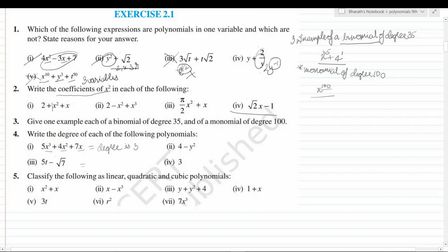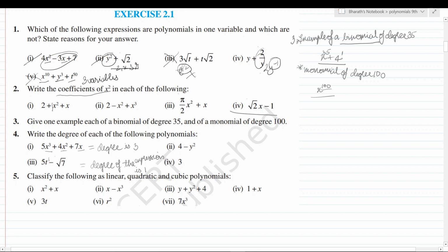Here the degree of the expression is 1, because there's always degree 1 when there is no other number in the power.